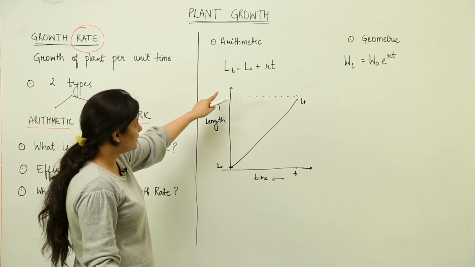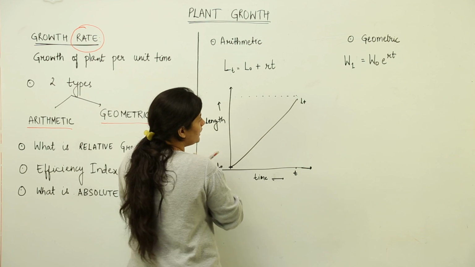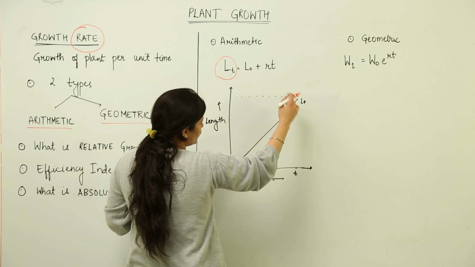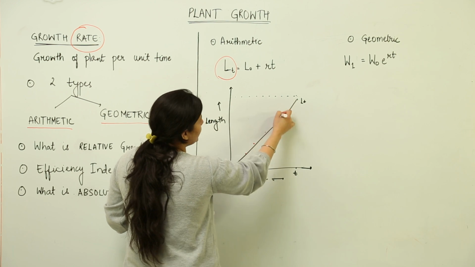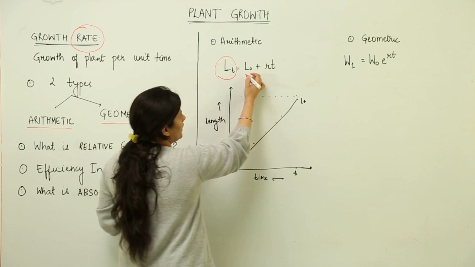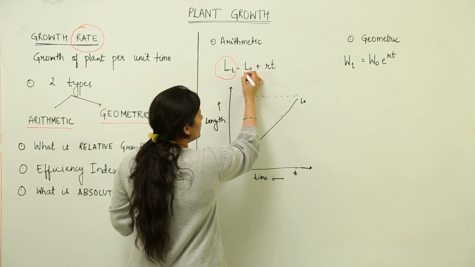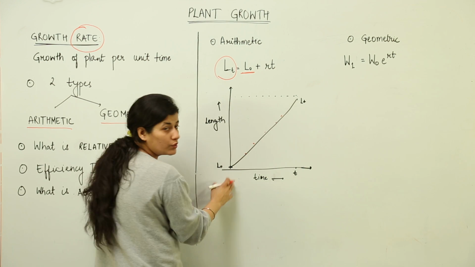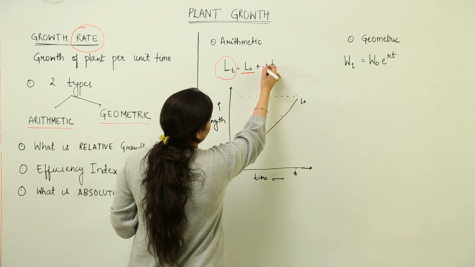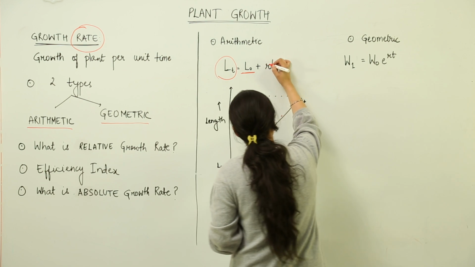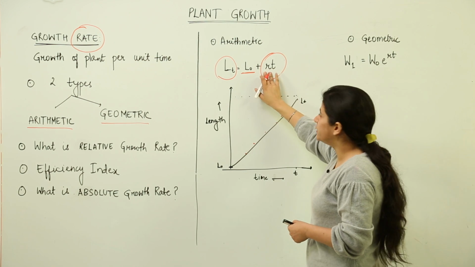It is shown by this equation that the length at any given time t, for your understanding I have taken this point, it could be this point, this point, this point. At any time t, the initial length would play a role, which could be 0, L0, that was from where the growth actually started, the L0 point, and it would add to the multiple of time with rate.